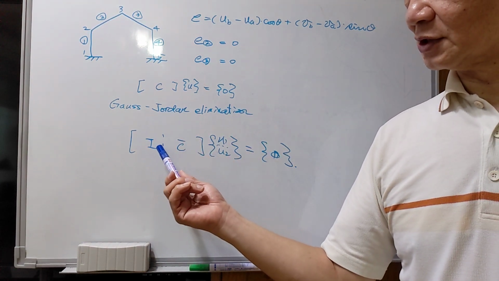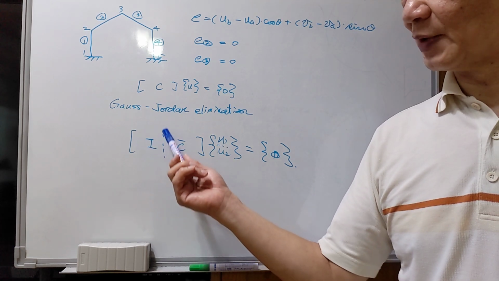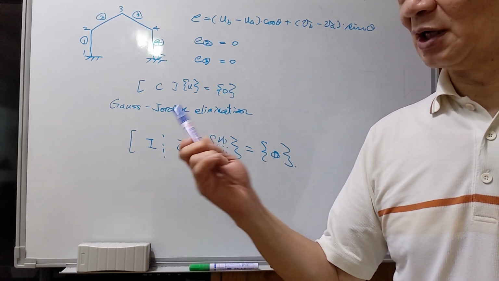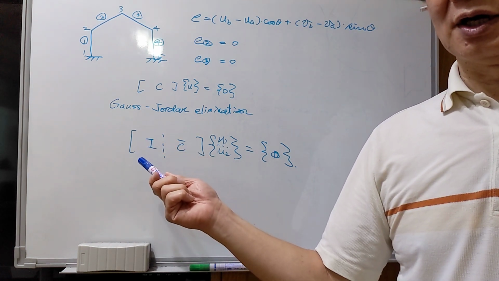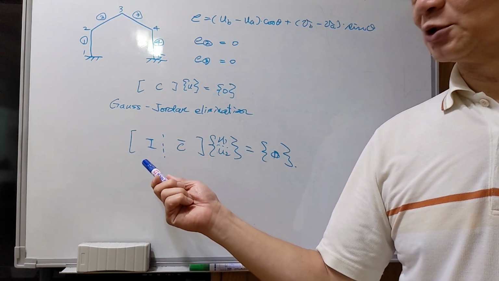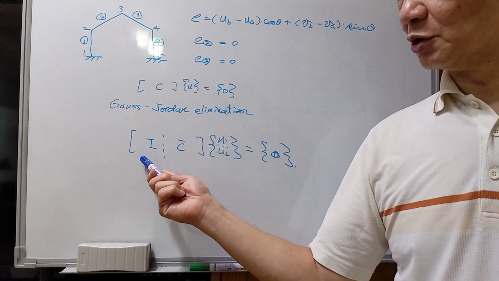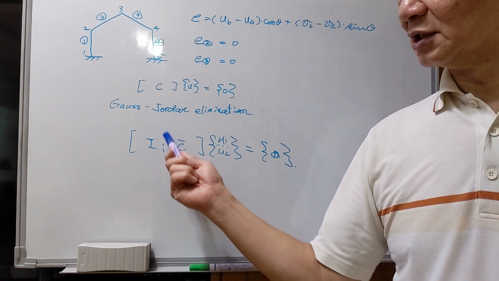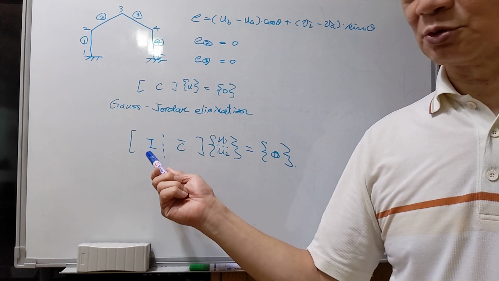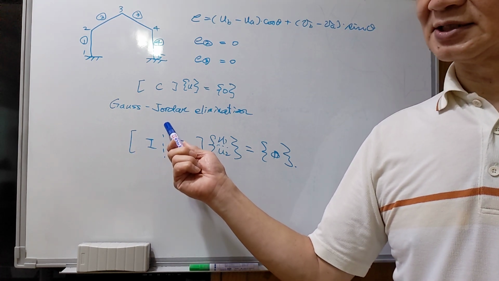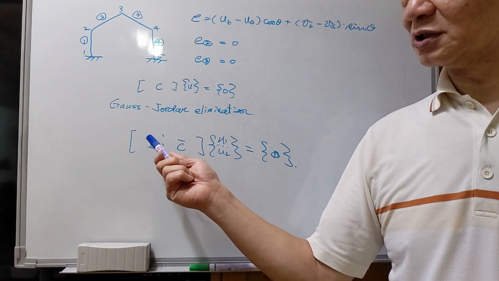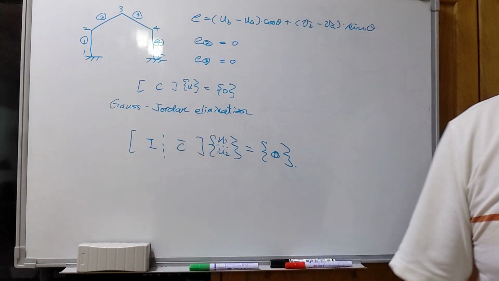That's the first 2 by 2 submatrix of the C matrix. We like to make it equal to the unit matrix. The unit matrix will be a 2 by 2 matrix. And remember, the unit matrix is a partitioned submatrix of the original C matrix.